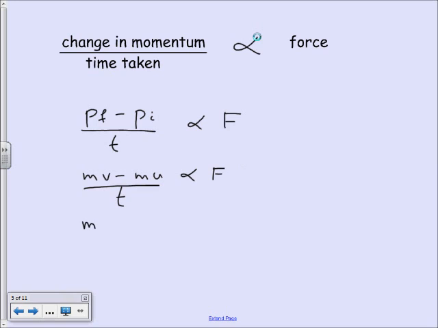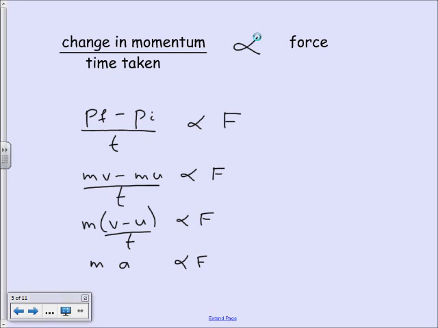Let's take the mass out the front of that statement on the left-hand side. V minus U over T, proportional to F, mass times acceleration, proportional to F. Acceleration equal V minus U over T. And so we get something that's starting to look like our formula F equals ma.